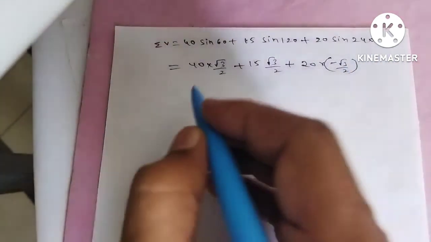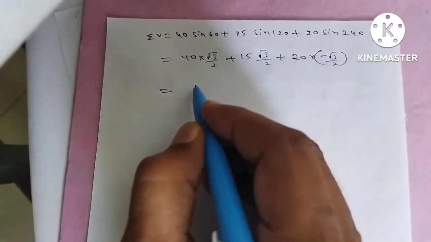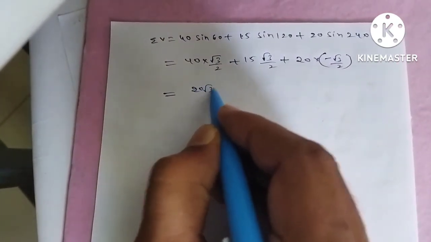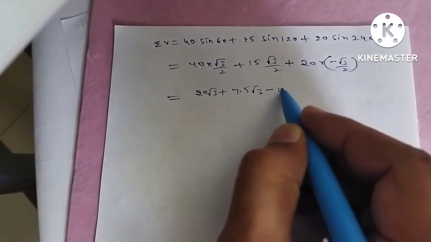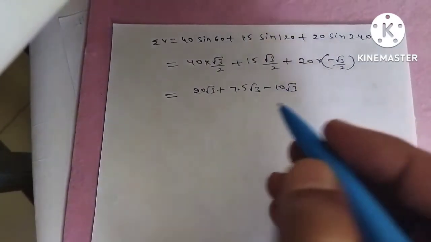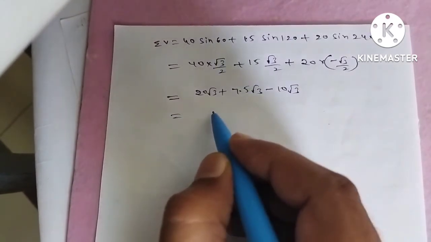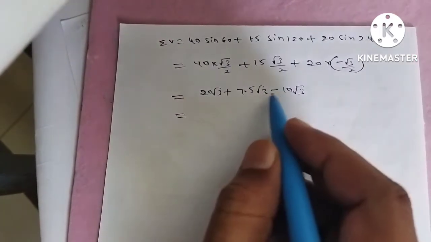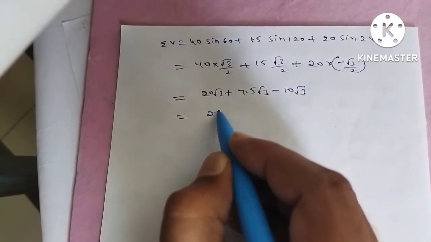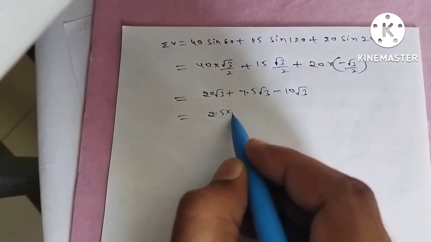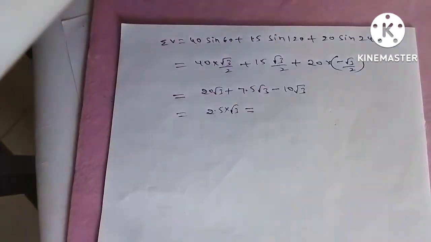So 20 root 3 plus 7.5 root 3 minus 10 root 3. It is equal to 17.5 root 3. That is the value.